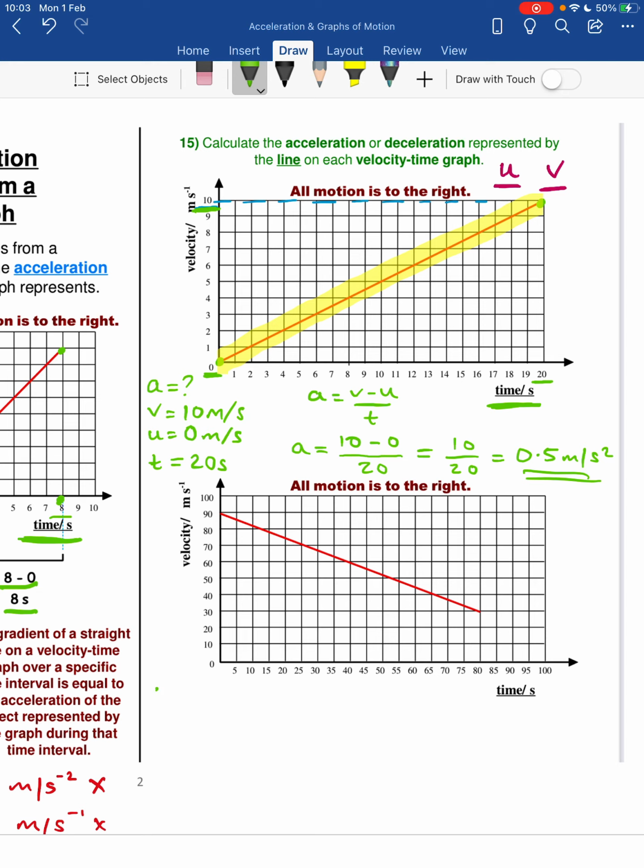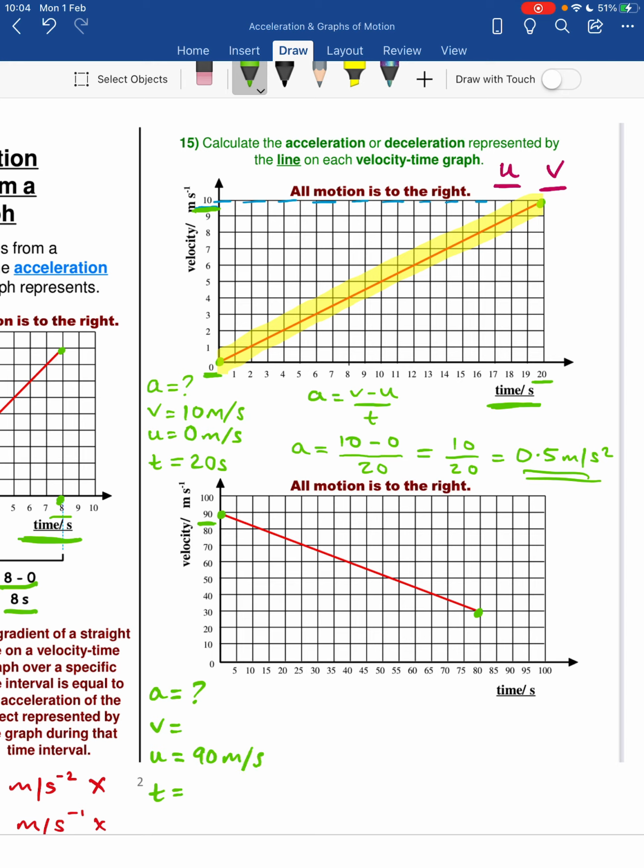Next example, same again, make the list down the left hand side. Acceleration is what we're trying to find in all of these questions, so that's a question mark. Then I want to mark where the line starts and where the diagonal line ends on the graph. The start of the line is 90 meters per second, so that goes in beside u.